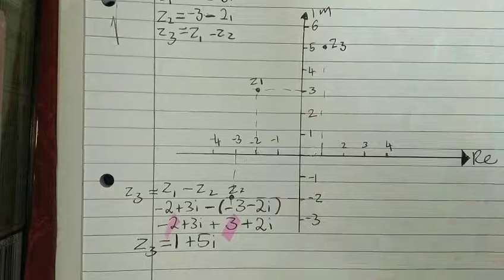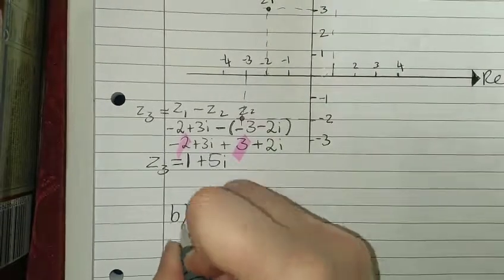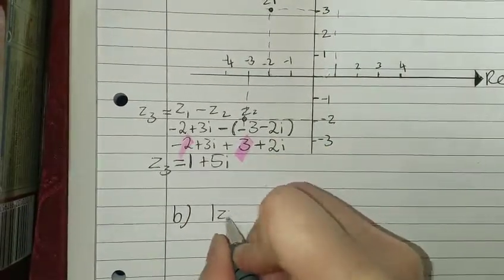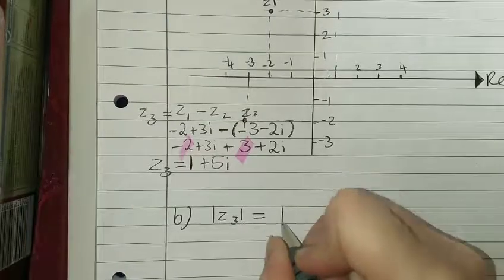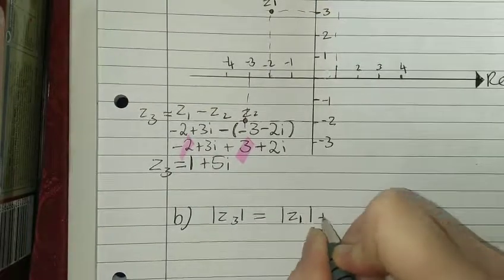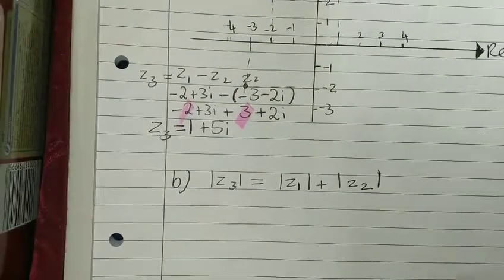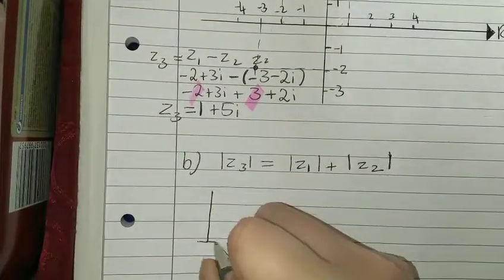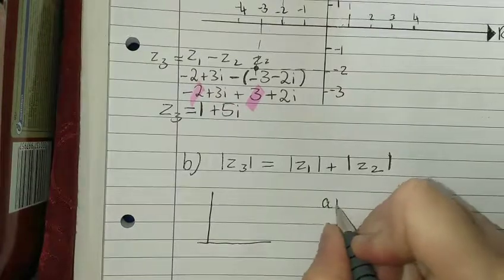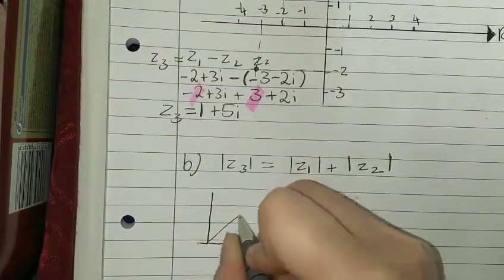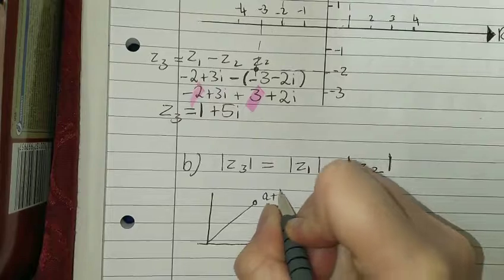Then it says investigate. We're asked to investigate if the modulus of Z3 is equal to the modulus of Z1 plus the modulus of Z2. The modulus is the distance from the origin. Say we had a complex number a plus bi.